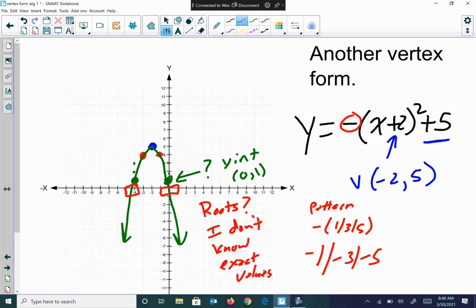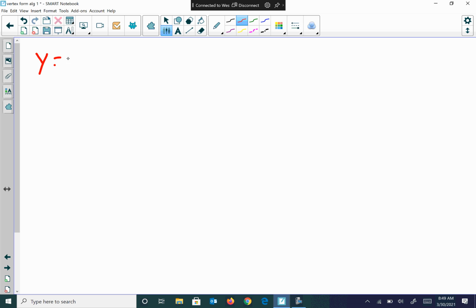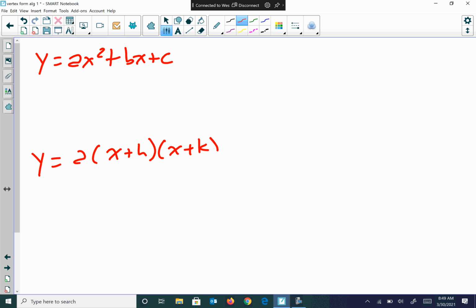So we started pattern graphing. We started looking at vertex form. So I think there is a blank page on the back. Agree? So let's do some notes. You have this, you have this, and we have this.